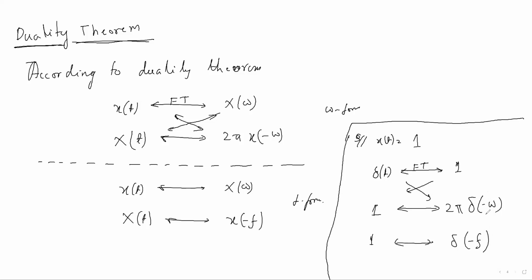Again, delta is an even function, so you can write delta omega, or delta f. Delta is an even function, that's why delta of minus theta equals delta theta itself. So 2 pi delta omega. Very easy if you know the Fourier transform of another signal.